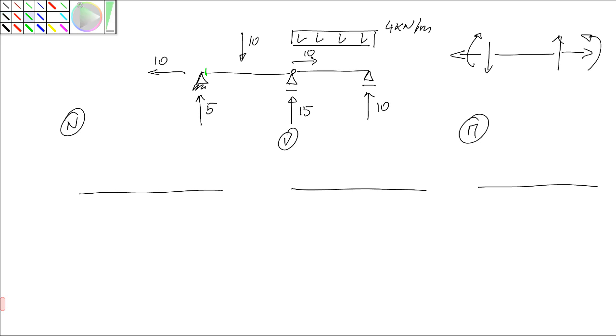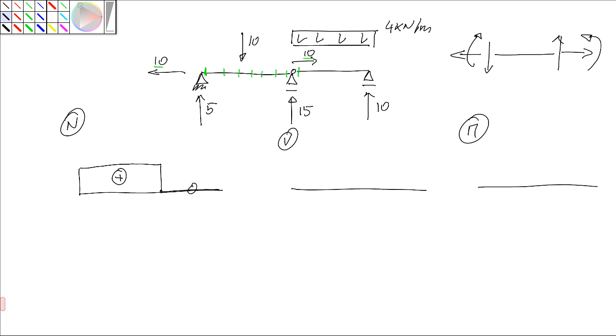If we look to the left of this section, the only axial force we have is 10, and the same is true for all these sections up to here. So 10 is tension, so you have a force of 10 which is constant up to the support. If you look to the left side, this force of 10 cancels with this force of 10, making the axial force 0 and remaining 0 onwards.